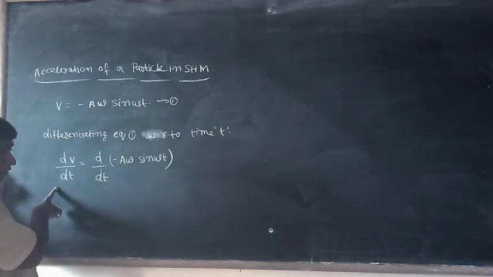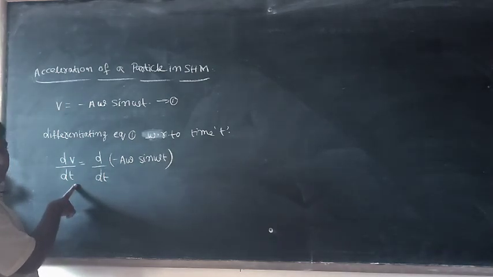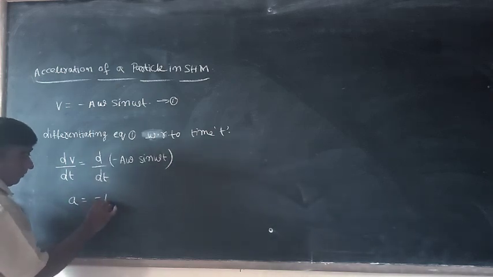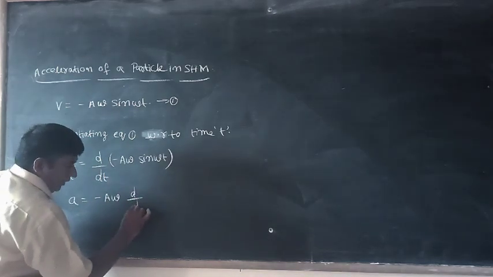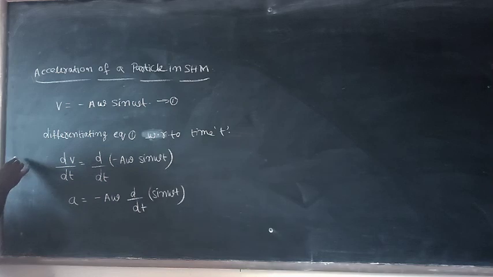This differentiation, if you don't know it, you are going to learn in mathematics under differentiation and integration. So dv by dt is nothing but acceleration, denoted by small a. Here minus a omega is a constant, and d by dt of sine omega t, that is d by dt of sine theta, is nothing but cos theta.